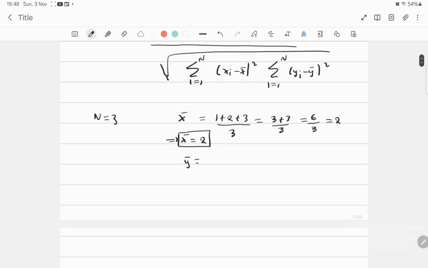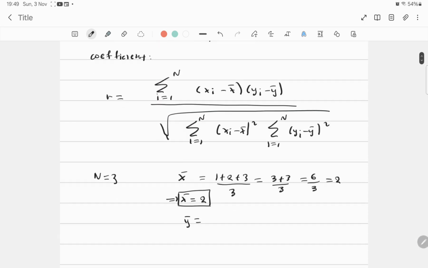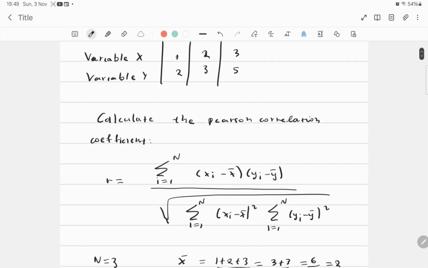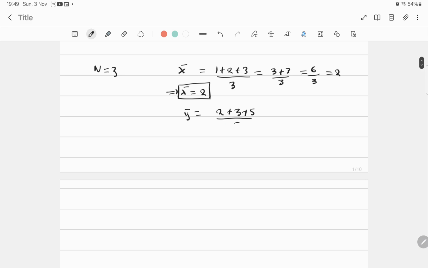For the y variable, we need to add the values 2 plus 3 plus 5 and then divide by 3. That's 10 over 3. The y bar is 10 over 3.